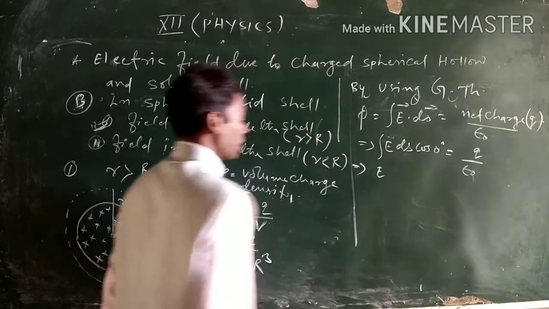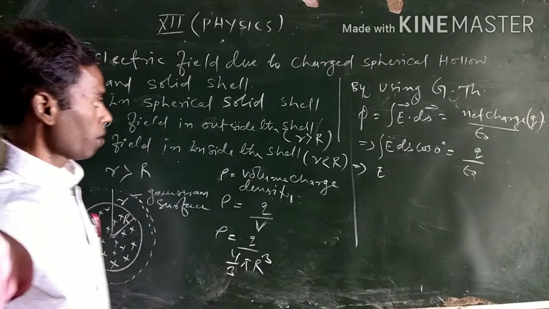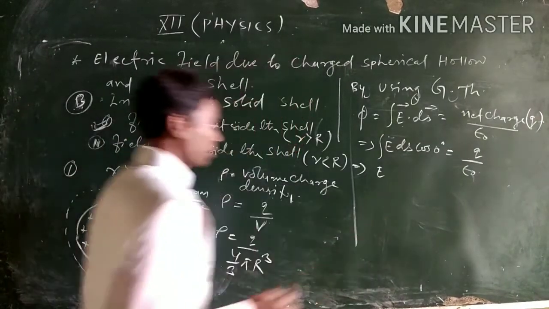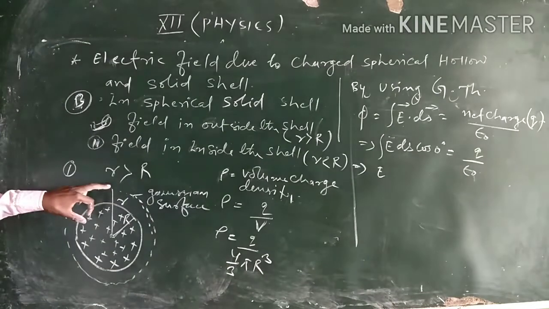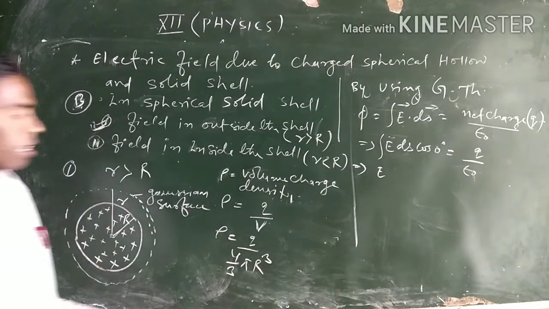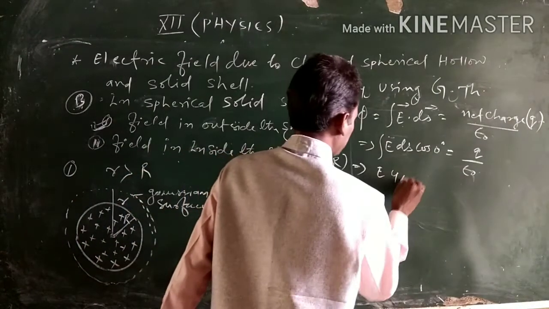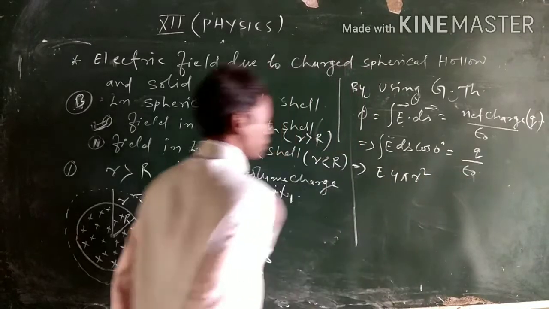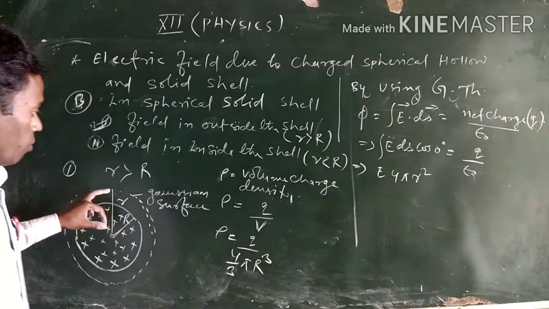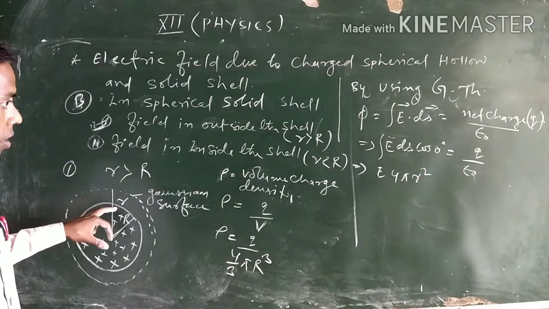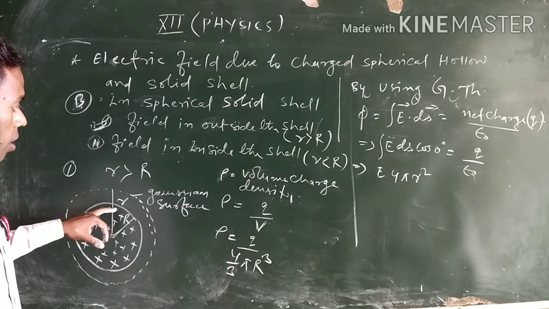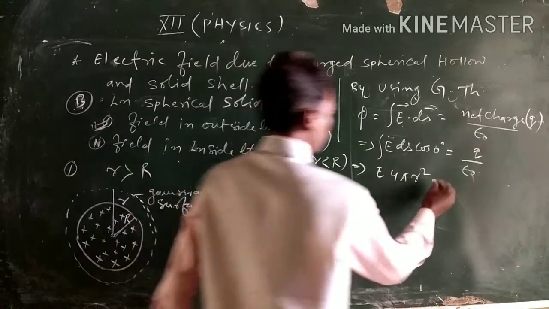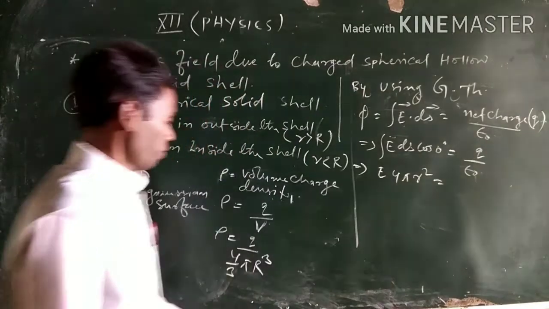In place of ds, for a small element we have to take the small Gaussian surface, area of Gaussian surface, that is 4 pi r square. This time you have to take the small r, because this is now the radius of this one, the small r, equal to our charge.